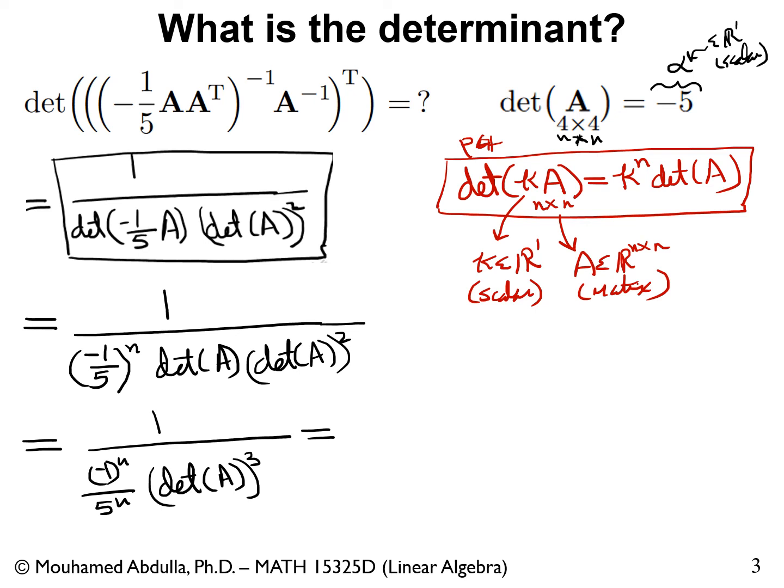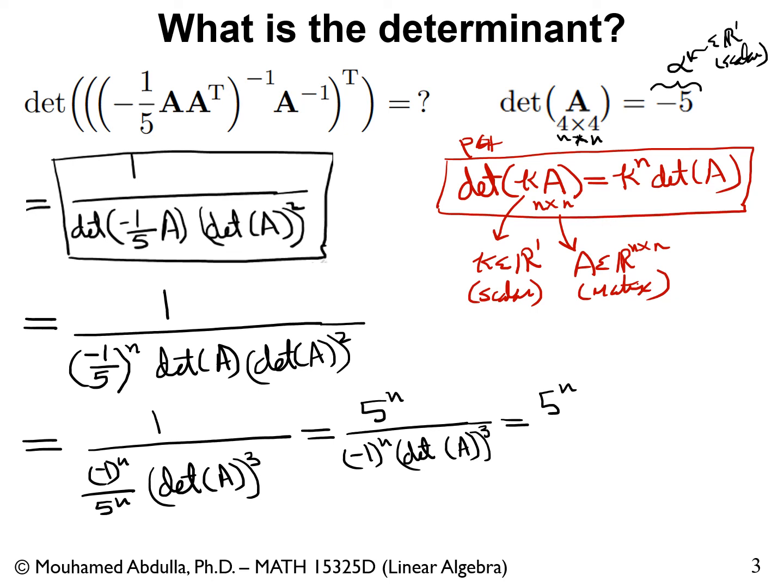So I could just rearrange things here. When I divide by a fraction, it's essentially multiplied by the reciprocal. So I'll have a 5 to the power n in the numerator. In the denominator, I'm going to have minus 1 to the power n and determinant of matrix A cubed, as such. Now, instead of determinant of A, I could just call it alpha so that it looks slightly nicer.